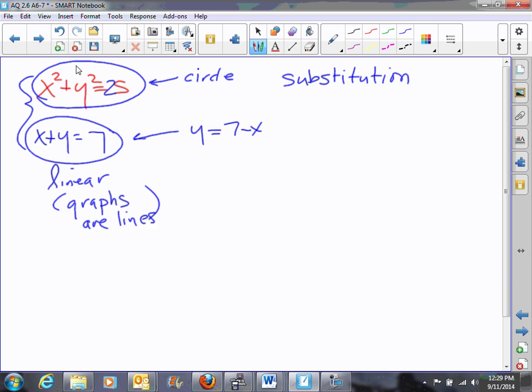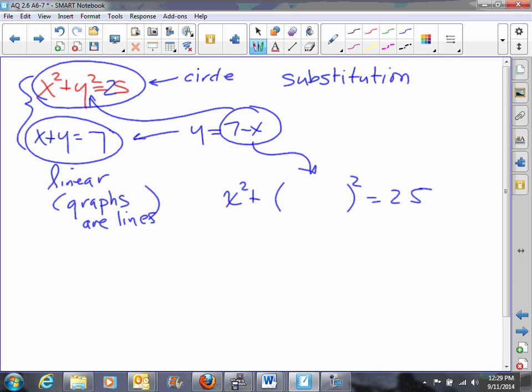And then you substitute that value for that variable back in the other equation. So the first equation would now become x squared plus, really it says y squared equals 25. But I'm going to put the value of y in that I got from this other equation. So that's 7 minus x.